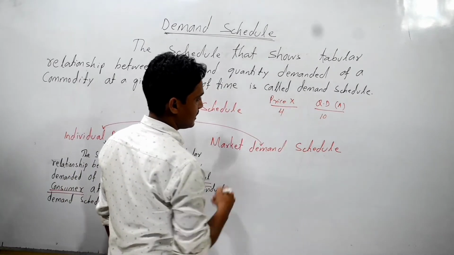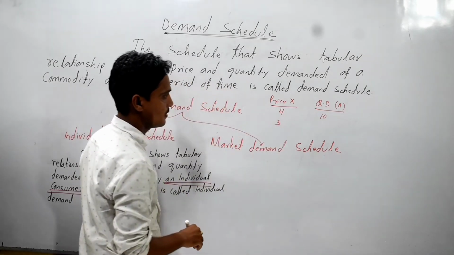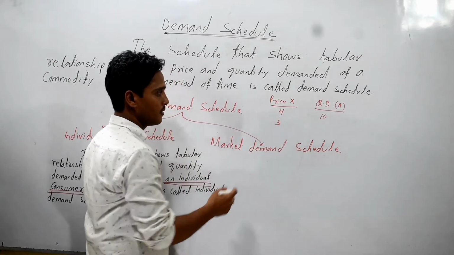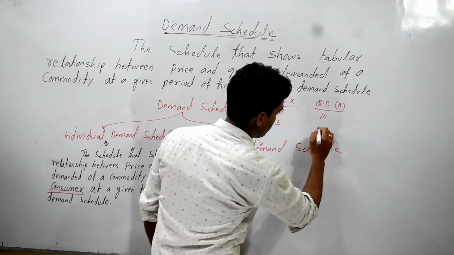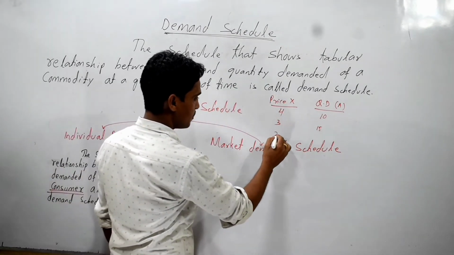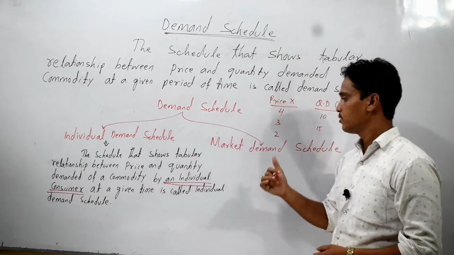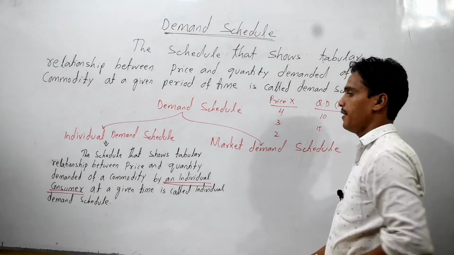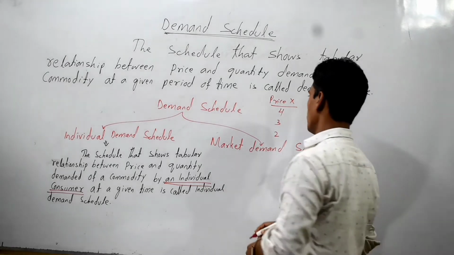When the price is reduced to 3, consumer A demands 15 units, and similarly when the price decreases to 2, consumer A may demand 20 units.